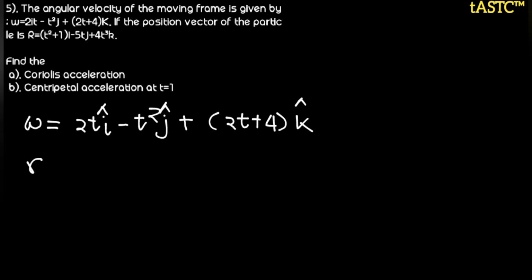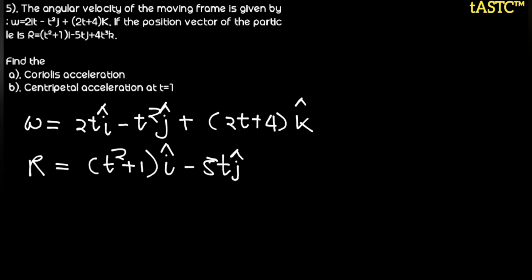This position vector could be written as r or uppercase R. So in this case, I'm just going to write it as the uppercase. So that is t squared plus 1, and that is multiplied by i, minus 5t of j, and you have plus 4t raised to the power of 3 k. So that is what we have.